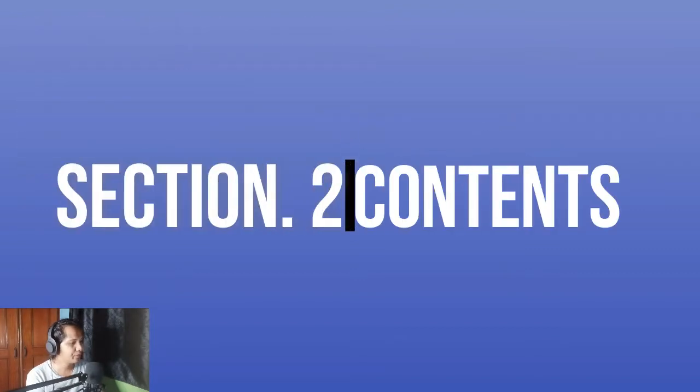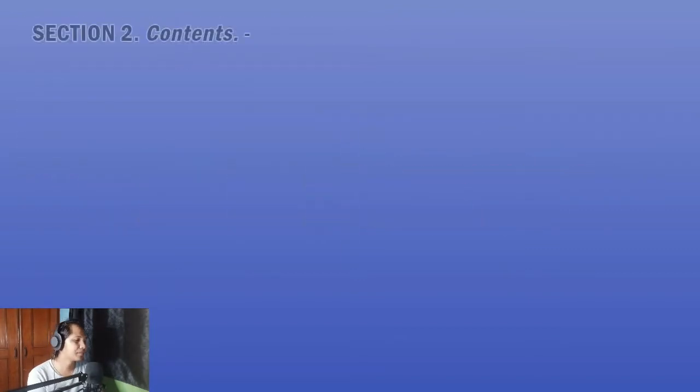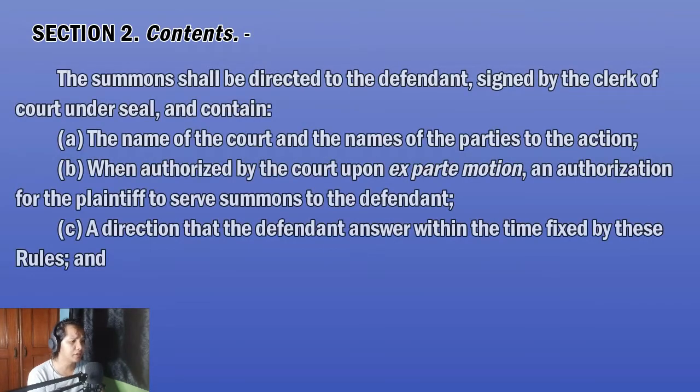Section 2. Contents. The summons shall be directed to the defendant, signed by the clerk of court under seal, and contain: a. The name of the court and the names of the parties to the action; b. When authorized by the court upon ex parte motion, an authorization for the plaintiff to serve summons to the defendant; c.